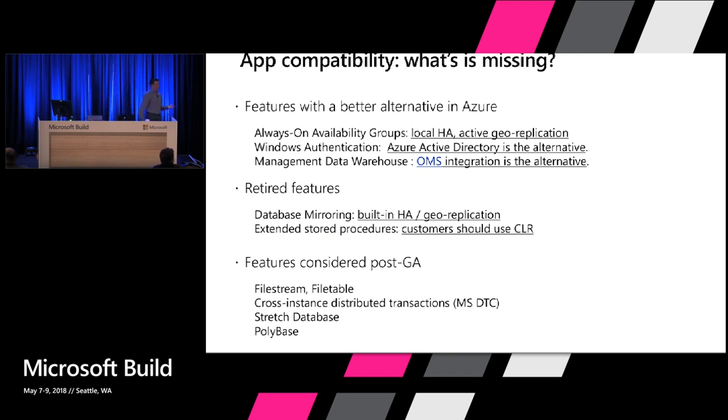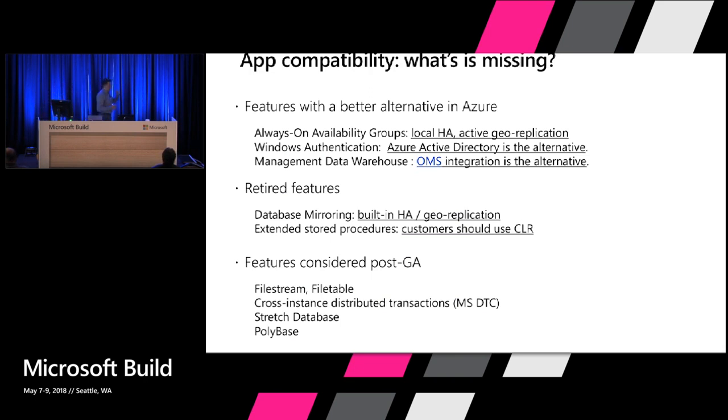If you think about creating Always On availability groups, no need, because as I explained, we do that for you. No need for high availability, no need for disaster recovery, because there are other features available that you can use. Native Windows authentication is not supported, because we see that Azure Active Directory is the alternative that everybody should be exploring. Azure Active Directory is the future of identity services in Azure, and managed instance provides native integration.